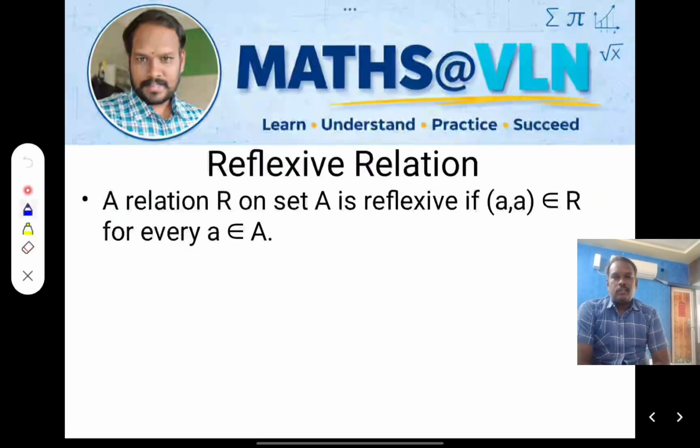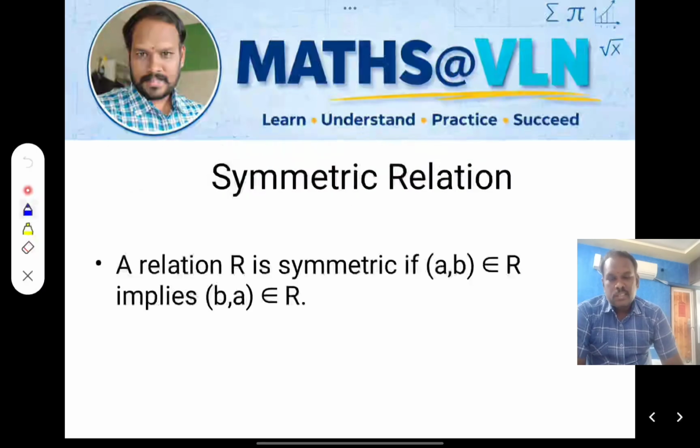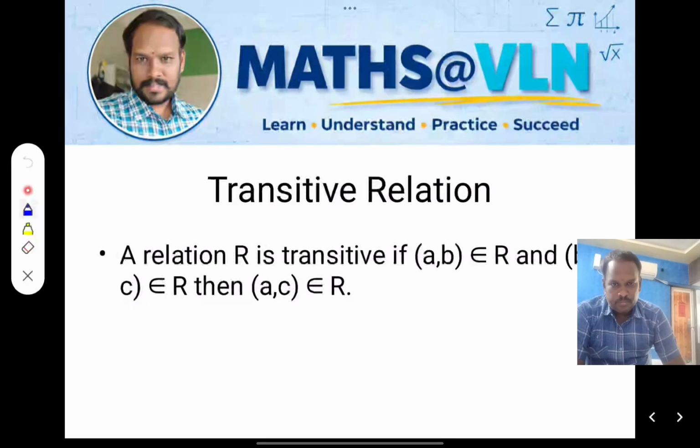Okay, next very important topic. Mainly you have to remember the reflexive relation, symmetric relation and transitive relation, and all these three together we call equivalence relations. These four are very important, and try to remember each and every definition.